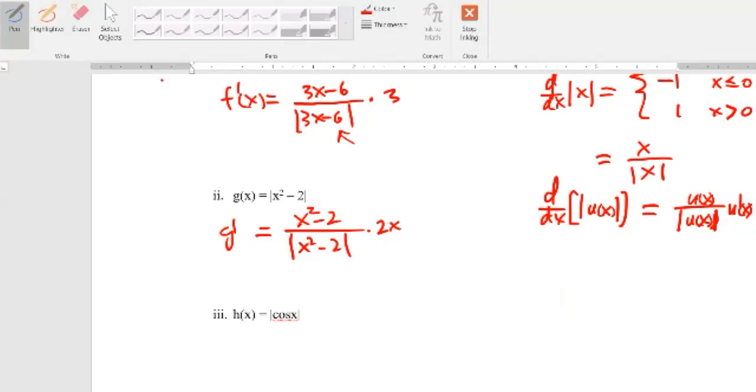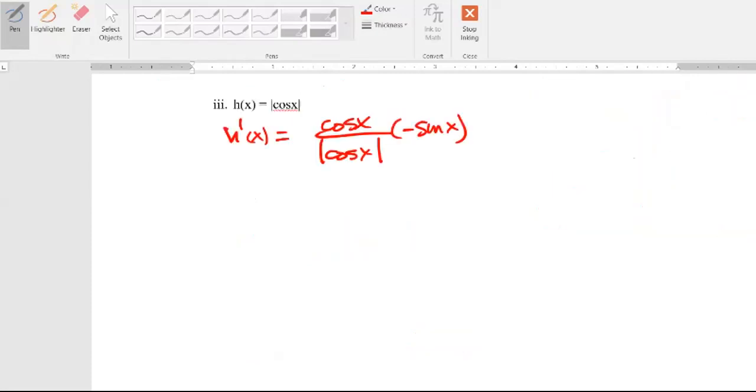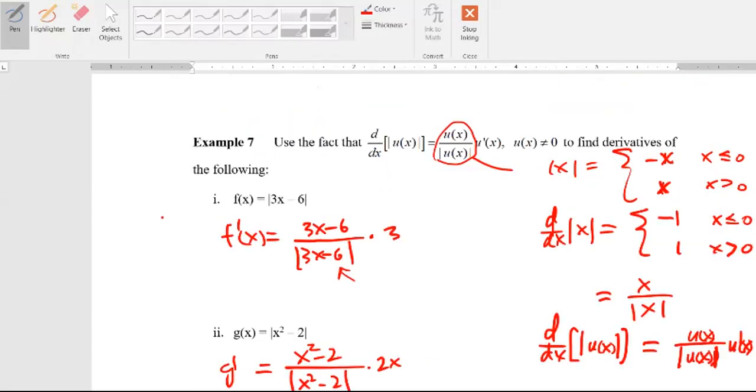Okay, next one, we have h prime would be, okay, we've got cosine of x over absolute value of cosine of x. And then we have times a negative sine of x. So that's all there is to it. Okay.